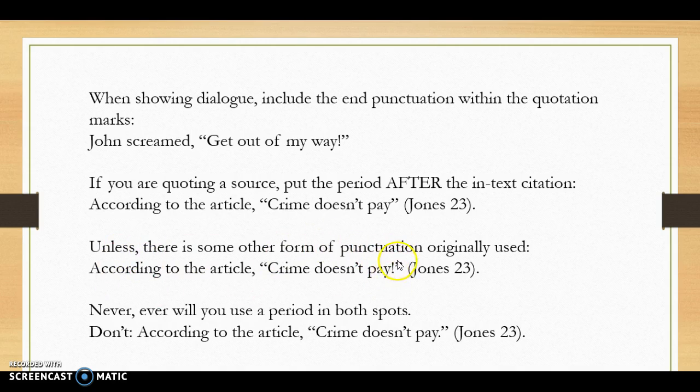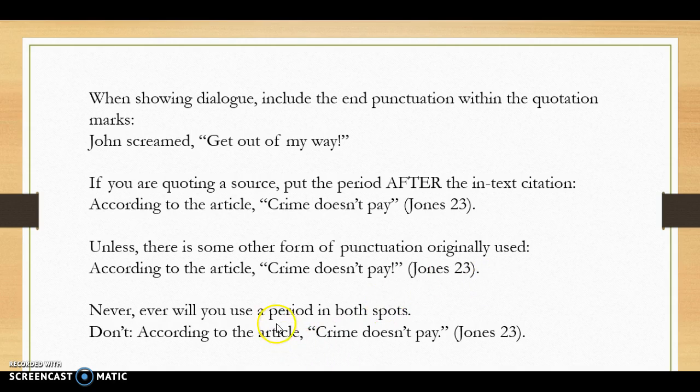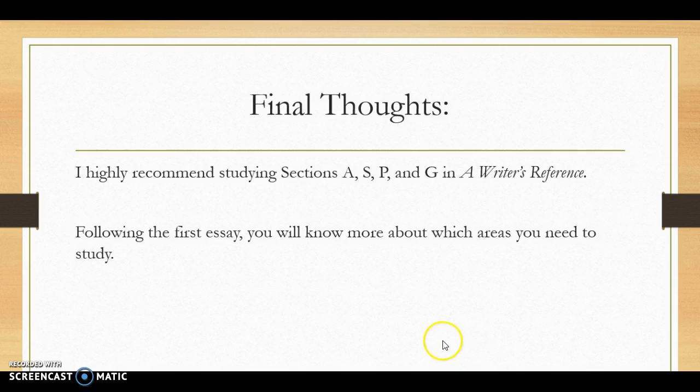So if we were to have like an exclamation point or a question mark here, then you would go ahead and do that, but you still come in afterwards with the period. And okay, and then right here it says never will you use a period in both spots. So here, no, that's not going to work.